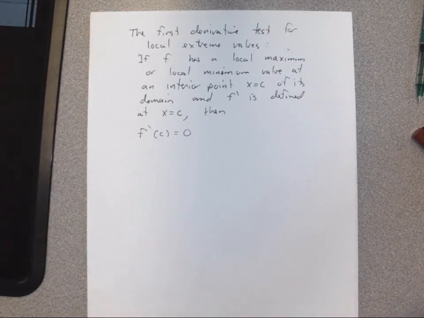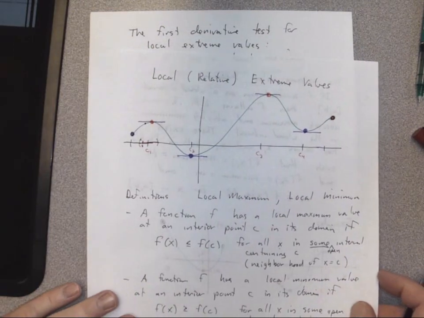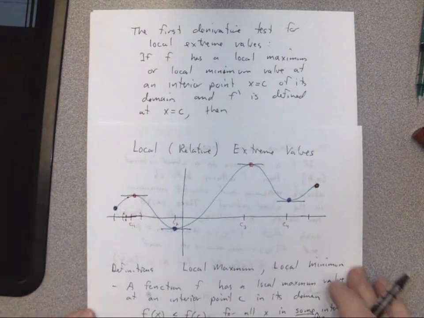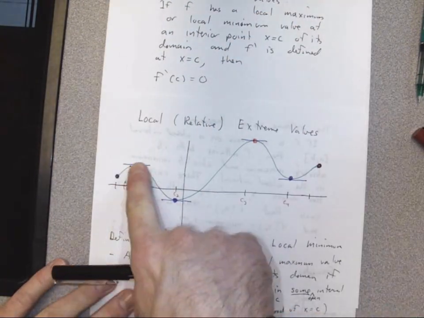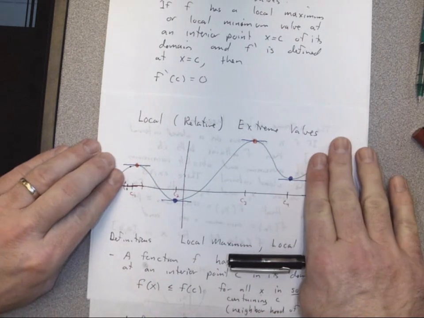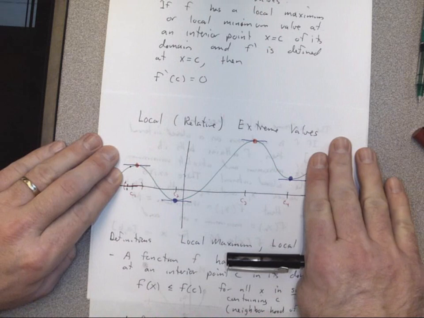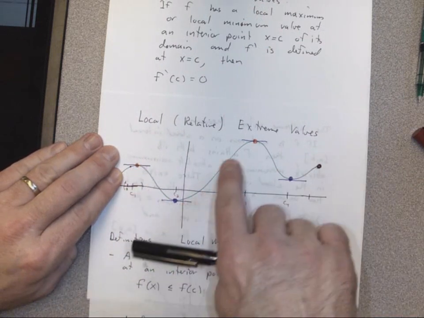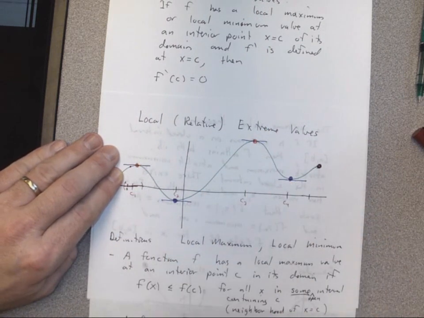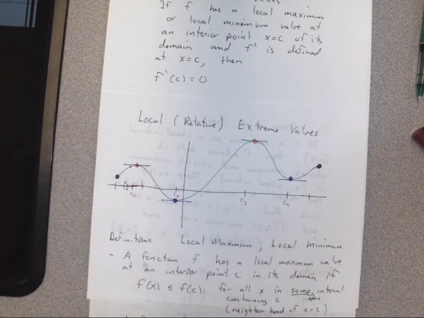What we notice is that your local maximums and minimums for interior points will always have horizontal tangent lines. What that means is that the derivatives are all going to be equal to 0 there, because the slopes of the tangent lines are all 0.